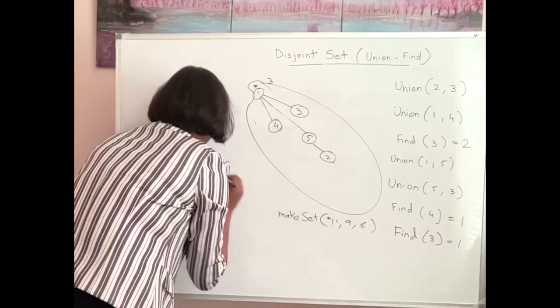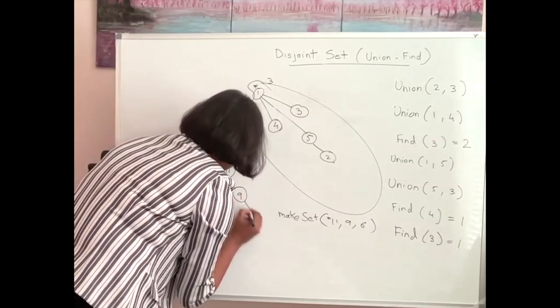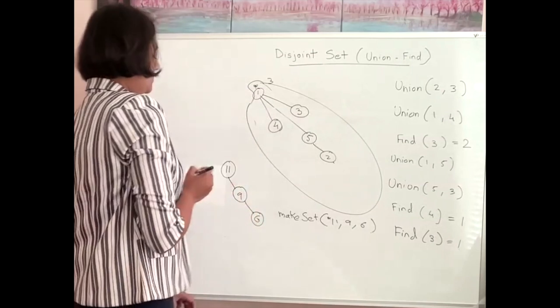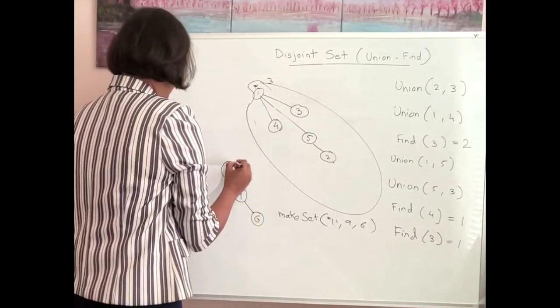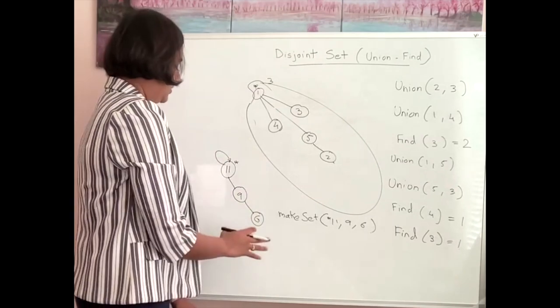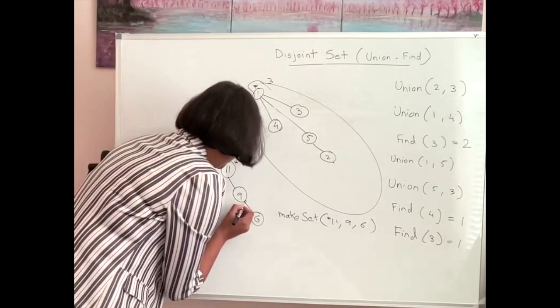So that will make us another set, something like this. Okay. Now, once we have this set, the representative is 11. So if we are representing this by a tree structure, we would have its parent for each node.